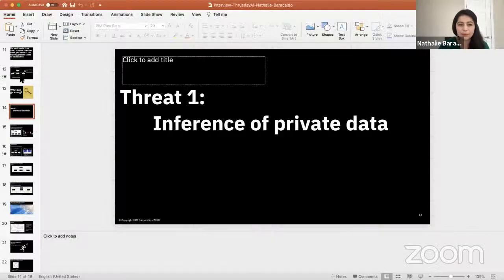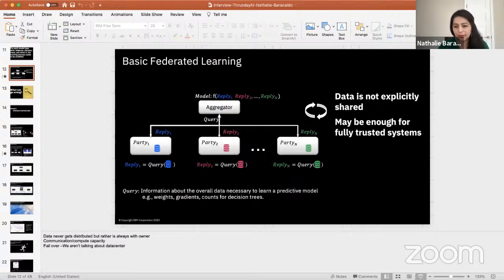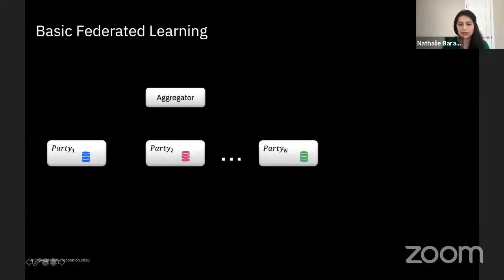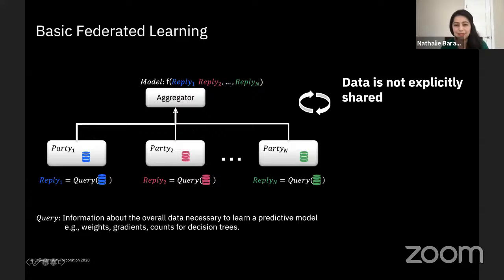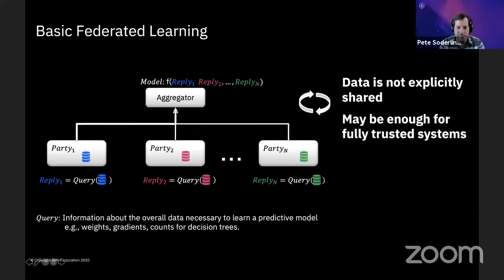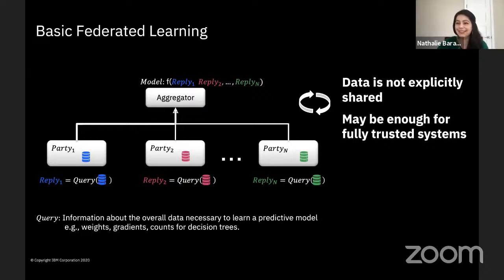One of the risks is related to inference attacks. Remember here, we didn't exchange this data, but if you don't exchange data, does it mean that you're really private, and is that enough?